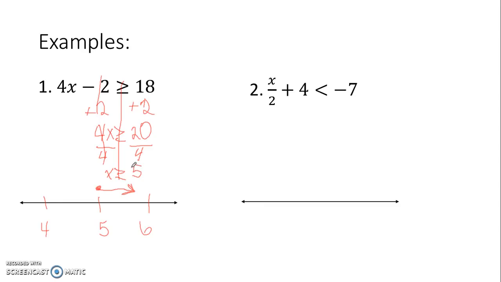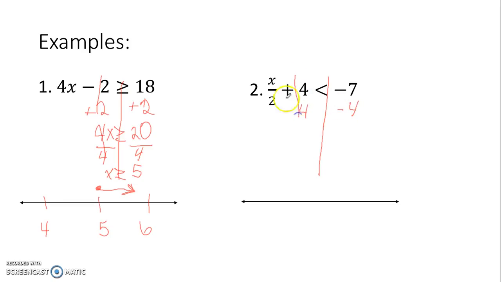Our second example, let's take a look at this one. Number 2, we have x over 2 plus 4 is less than negative 7. First, undo the addition or subtraction. This time we have a plus 4, so we need to undo it by subtracting 4 on both sides.